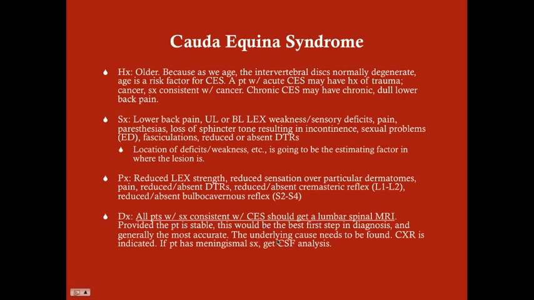However, if you don't see anything on MRI, a chest x-ray is indicated, as lung cancer is a common cause if it's metastatic. If the patient has meningismal signs, then you should get a CSF analysis. But for the most part, as I mentioned, the number one cause is intervertebral discs protruding, and so you'll be able to find this on the MRI.